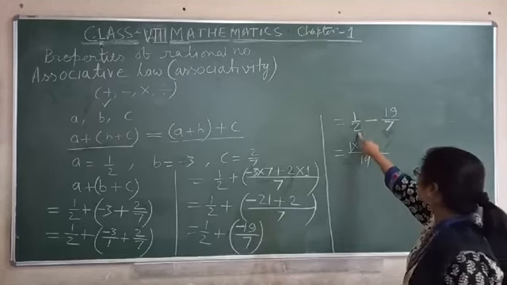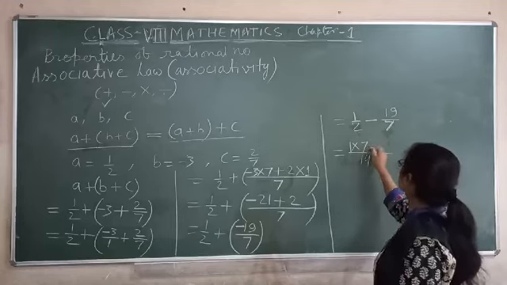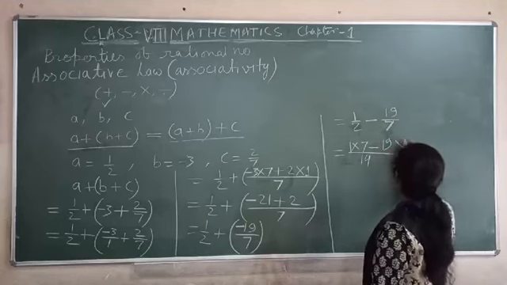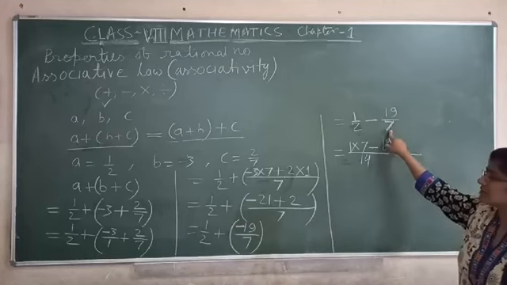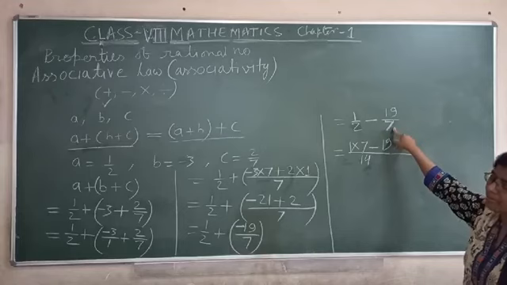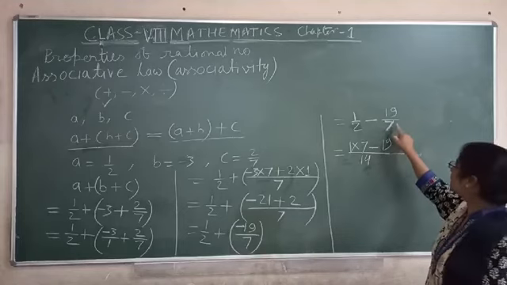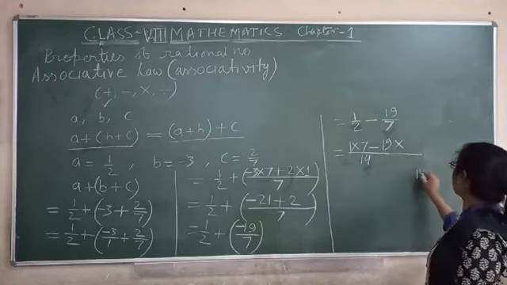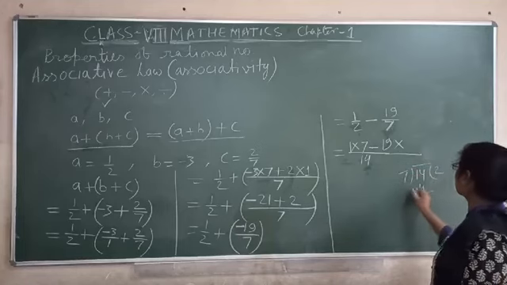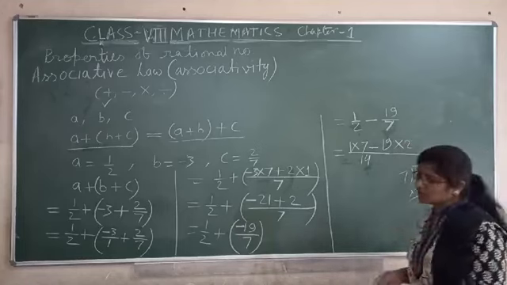LCM divided by denominator, so 7 here, and minus sign as it is. 19 into 14 divided by 7. LCM divided by denominator, so 14 divided by 7. 7 twos are 14. So 2 here.